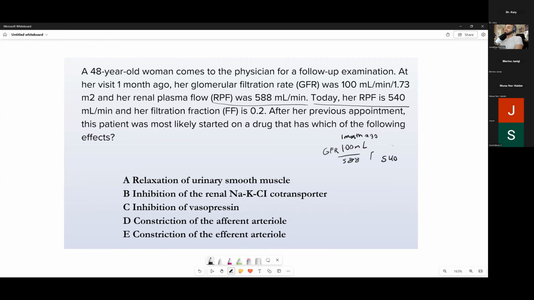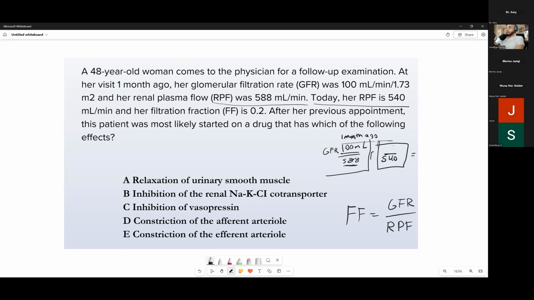Let's see what's going on. This is kind of like that algebra thing where they gave you the filtration. Remember this equation right here: filtration fraction is equal to GFR over renal plasma flow. So let's organize this a little. A month ago, the patient had a GFR of 100 per minute, but her renal plasma flow was 588.